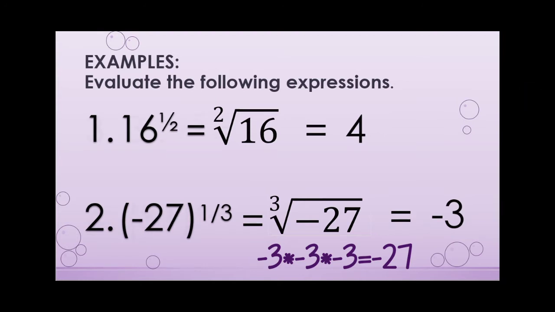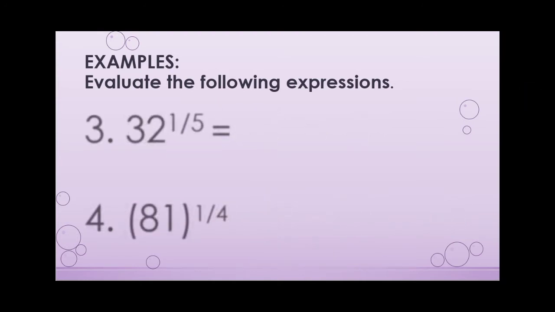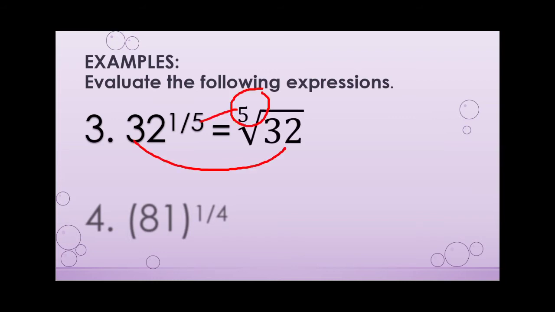Third example is 32 raised to 1/5. The denominator of the fractional exponent is 5. So, ibig sabihin, the index will be 5 and 32 is the radicand. Now, what is the 5th root of 32?